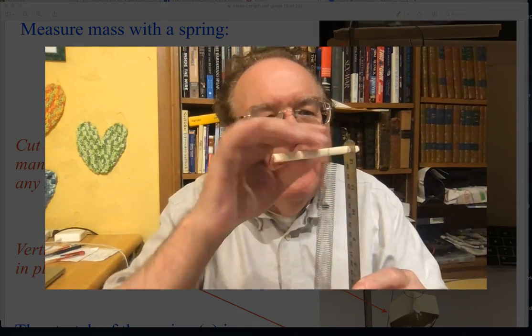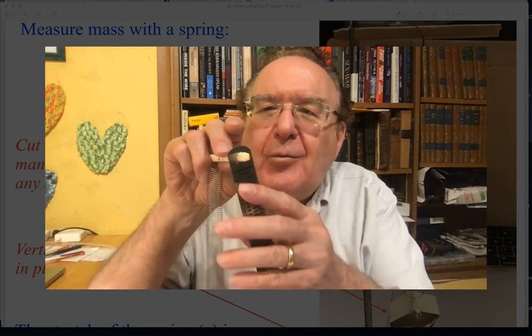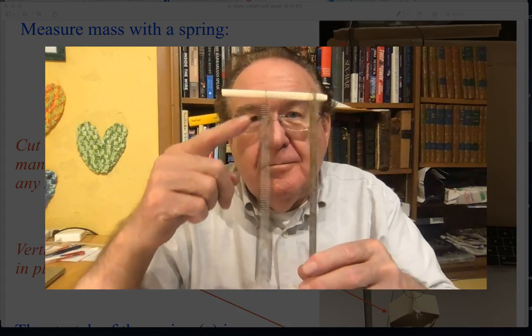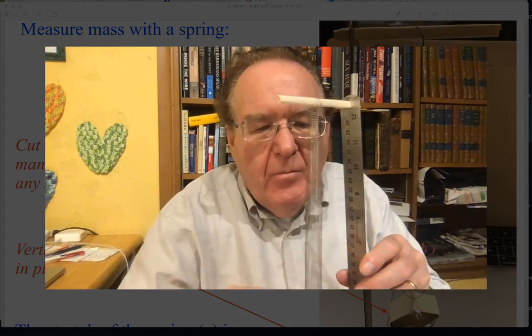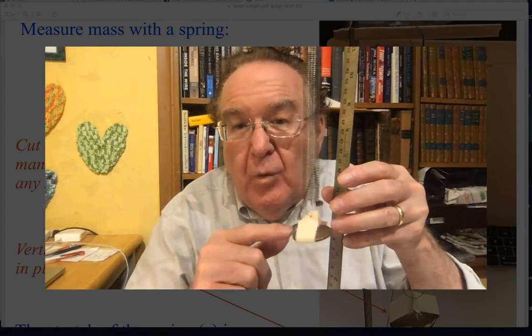And then I cut out a piece of the manila folder, from the folder you get, and I rolled it up, and then I forced it into the hole in one end of the ruler here. And I use that as a support for the spring. So the spring is looped over that. And then down here, I made a little cradle, a little hoop, that you could put weights inside of.